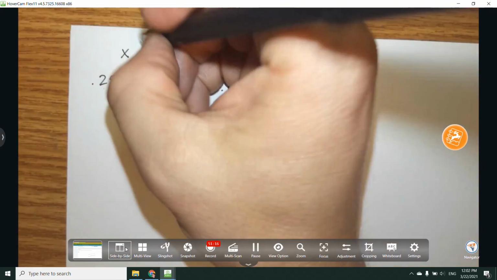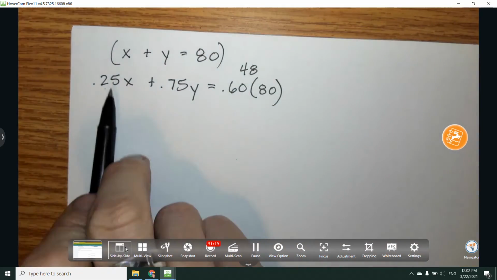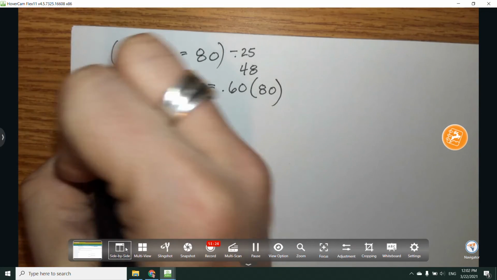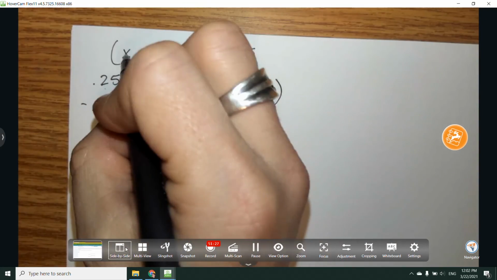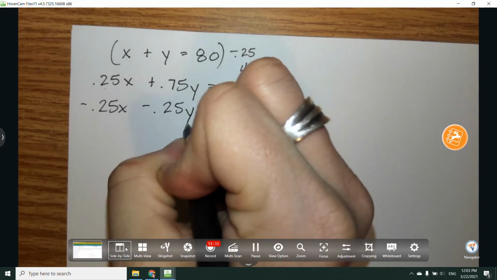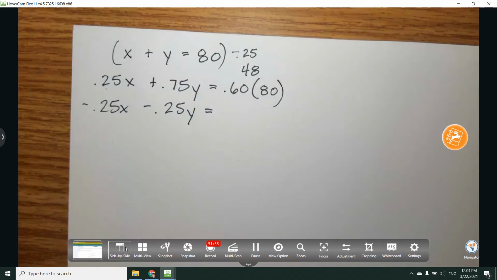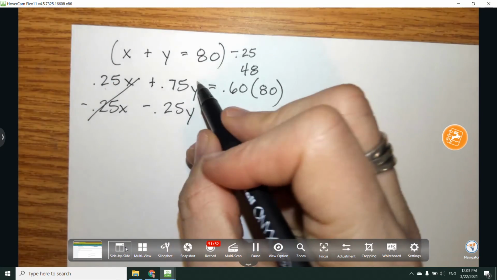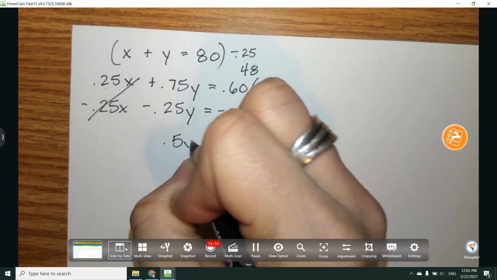Okay, so let's multiply this to eliminate. Remember, this is our smallest one, so I'm going to multiply by negative 0.25. That way we get a negative 0.25x here after we multiply it here, and a negative 0.25y here. I believe that's going to be negative 20. Let me double check that. And I'm right. So that's negative 20 here. So this will eliminate. This will get us to 0.5y.